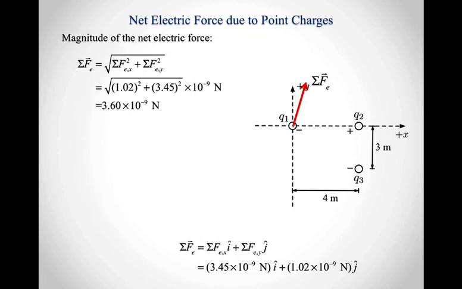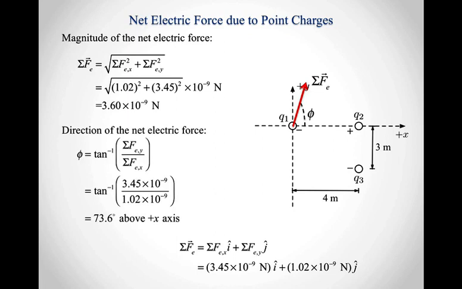So to get the magnitude of the net electric force, I want to Pythagorize my x and y components. I'll do that. Again, I've chosen to just deal with the 10 to the minus 9 outside that. And I get that the magnitude of the net electric force is 3.6 times 10 to the minus 9 newtons, 3.6 nanonewtons if you like. And its direction, again, I can use the inverse tangent.